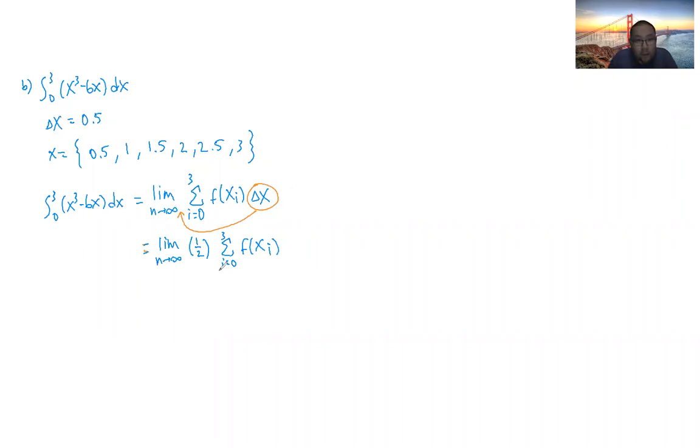Now, all we have to do is essentially evaluate this part. And so we're going to multiply whatever we get from here by 1/2. So you can write it like this, 1/2 multiplied by, all this stuff will go inside these brackets. And so all you're going to do is evaluate your function, x cubed minus 6x, at your sample points.